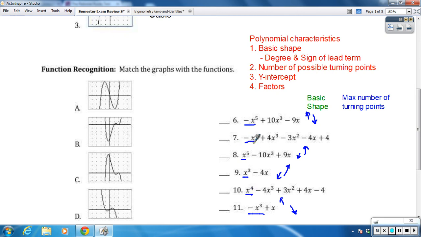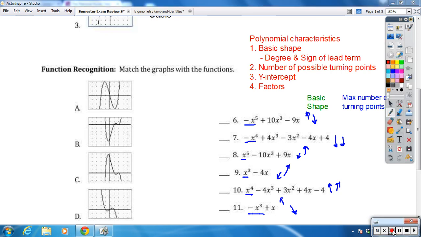If we look at 7 and 10, those are our even degree functions. So those are going to be more like a quadratic, where both ends point in the same direction. This one's easy. Positive points up, negative points down. And again, I'm just talking about the ends of the graph. And so based on that, we can narrow down a large majority of which equations are going to match.